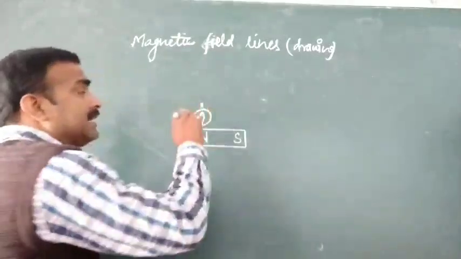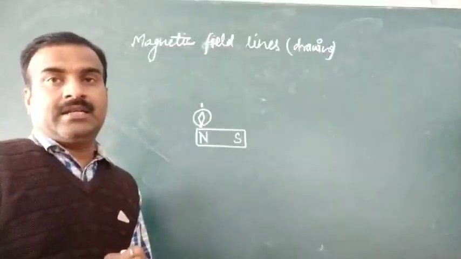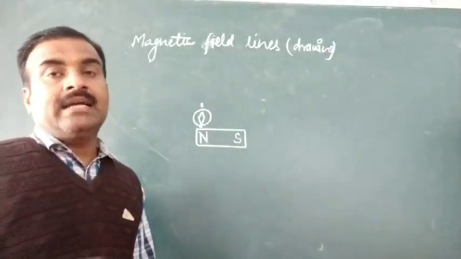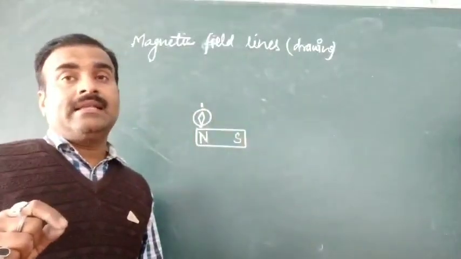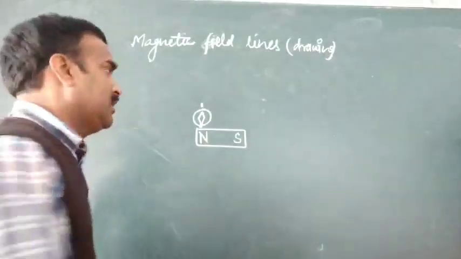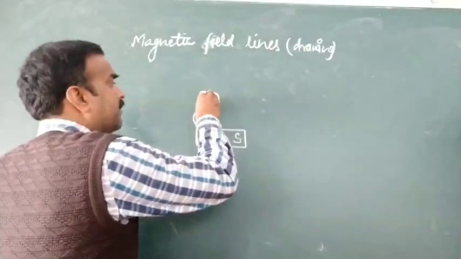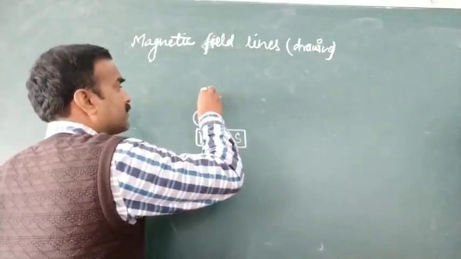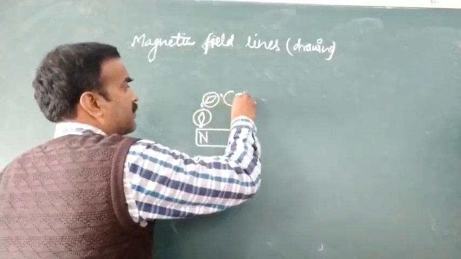And again, in the direction of the point that you have marked, listen again: you have to shift the magnetic needle in that direction in which you have marked the point. Shift it in the direction like that. Again, we will get deflection.